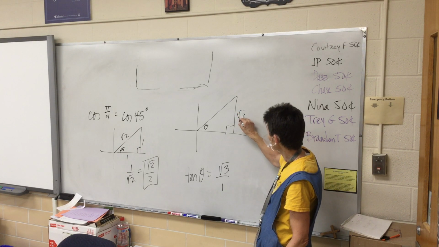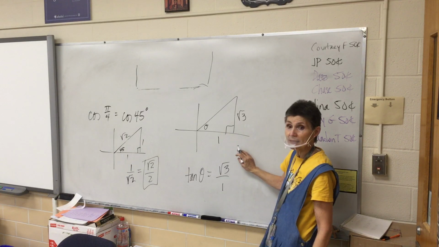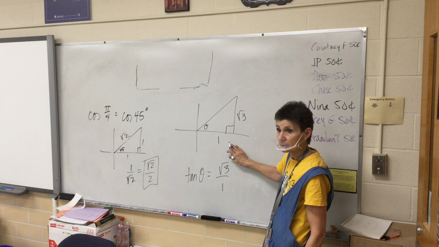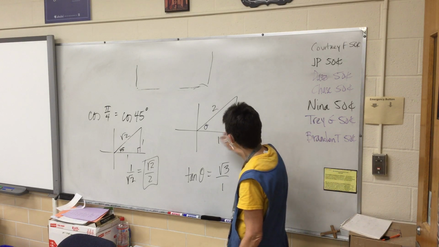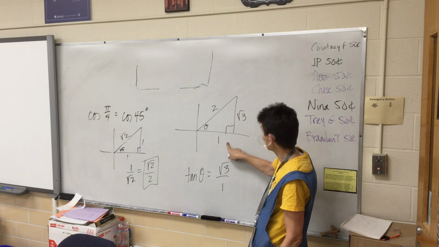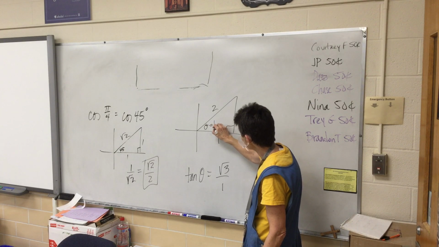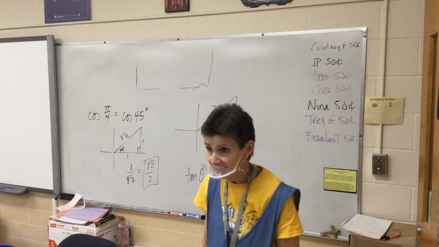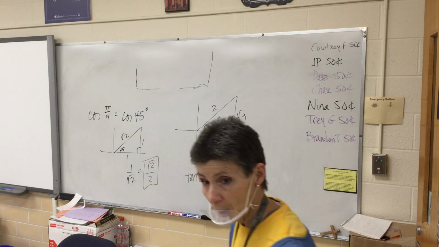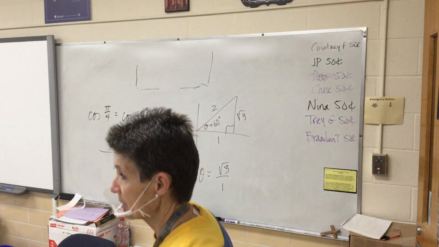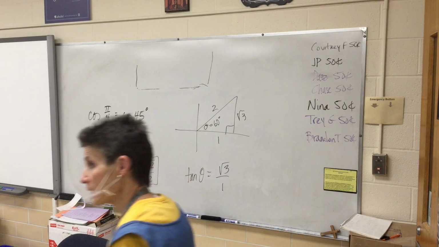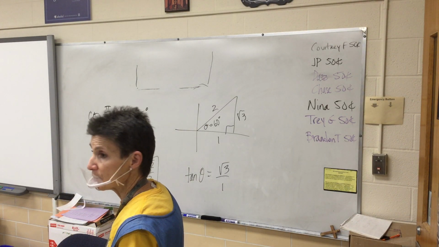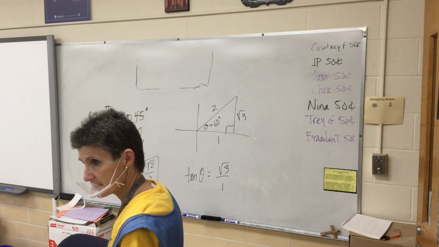And the root 3 goes here and the 1 goes here because tangent is opposite over adjacent. And as soon as you put a root 3 and a 1 there, you know that angle has to be 60 degrees. Because the 60 is the one across from the root 3. The 30 is across from the 1. So the answer to the question is 60 degrees.